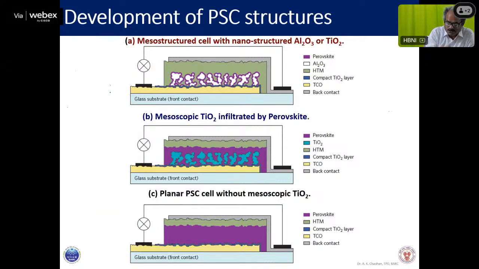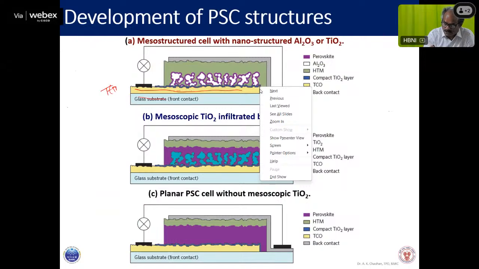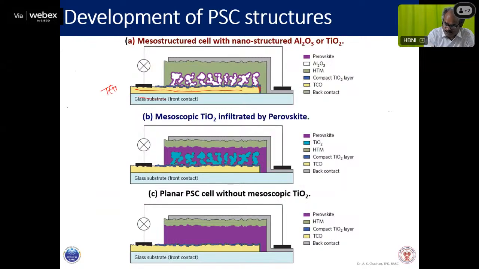In this structure, you have a glass substrate. Over that glass substrate, you have a TCO, transparent conducting oxide, which is FTO. On that FTO, a small compact layer of TiO2 is deposited, which you can see here.